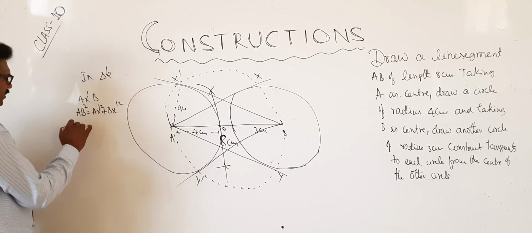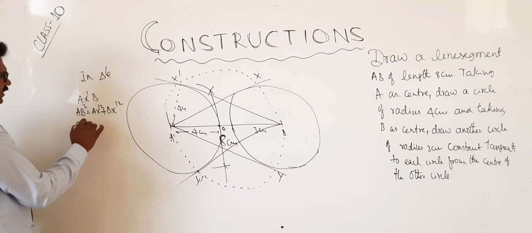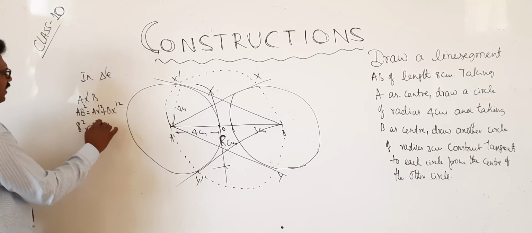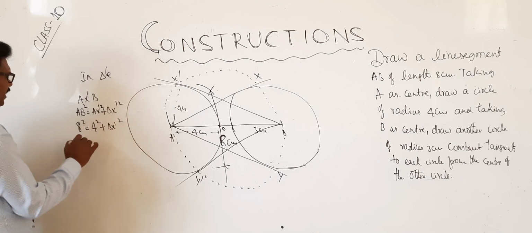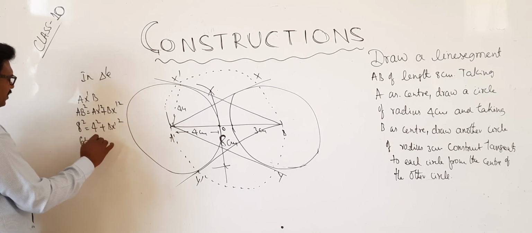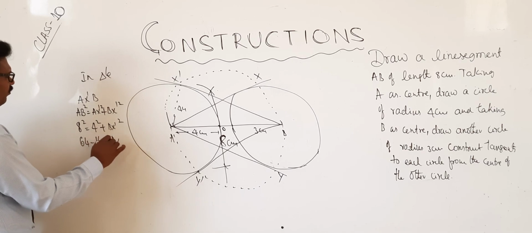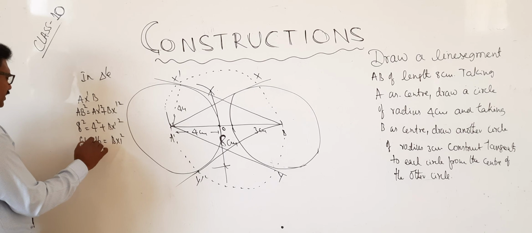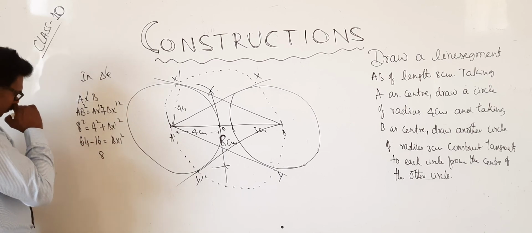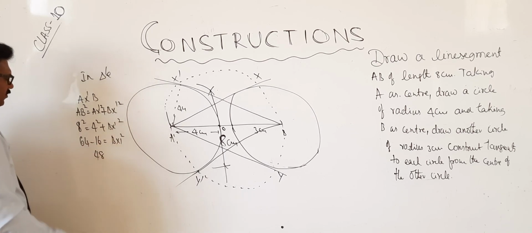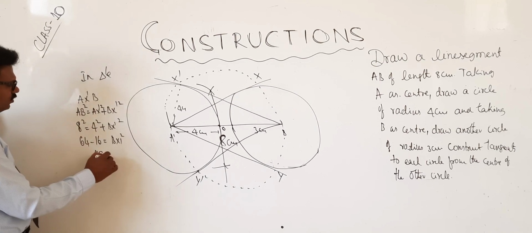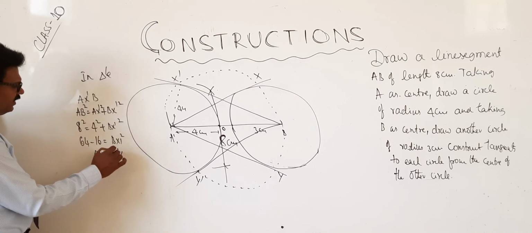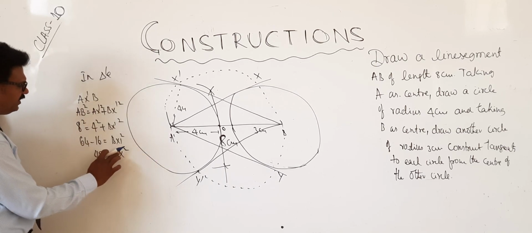Now it is nothing but 8 square is equal to 4 square plus BX dash square. Therefore 64 minus 16 equal to BX dash square. So 48 is equal to BX dash square.